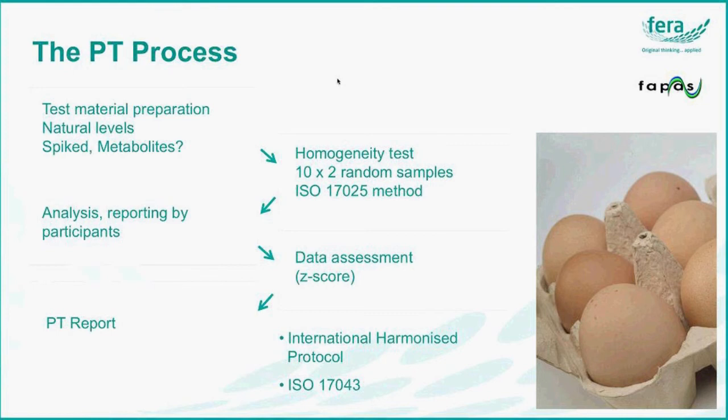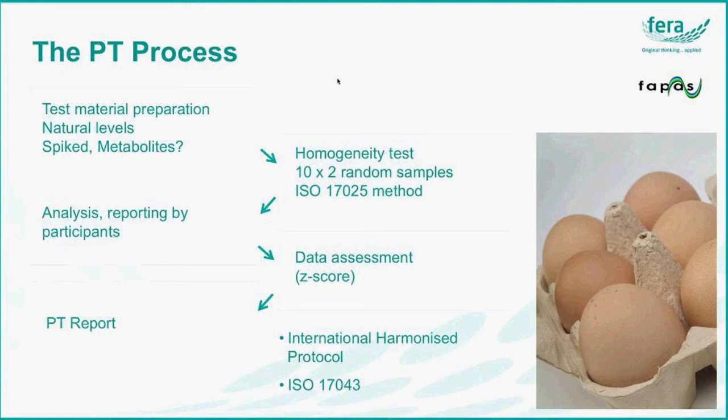The overall process starts with test material preparation, which might include natural levels or spiked samples. The PT provider then has to carry out a homogeneity test. So this is to establish that all the samples that each participant receives are all the same.